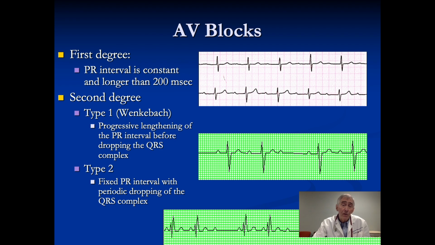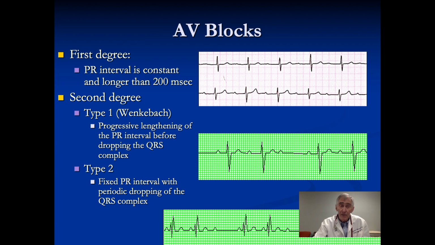If it's longer than 200 milliseconds, then we call it first degree AV block, and if it's less than 120 milliseconds, we get worried that it's too short of a PR interval and may be related to Wolff-Parkinson-White or a short PR and supraventricular tachycardias.